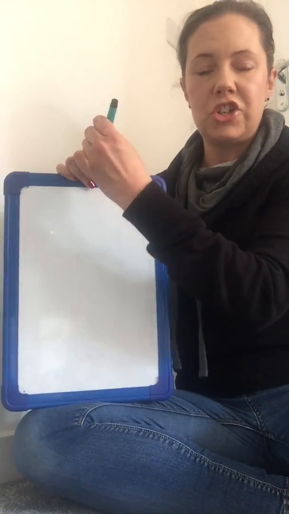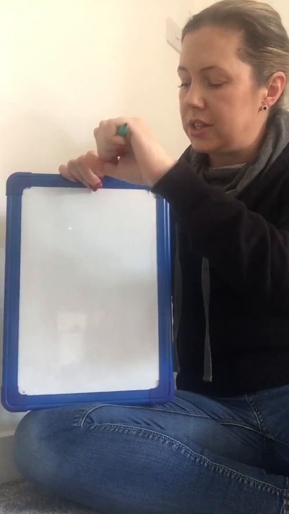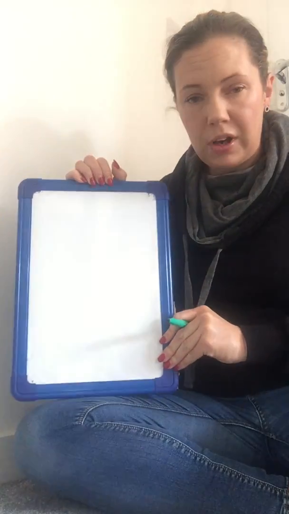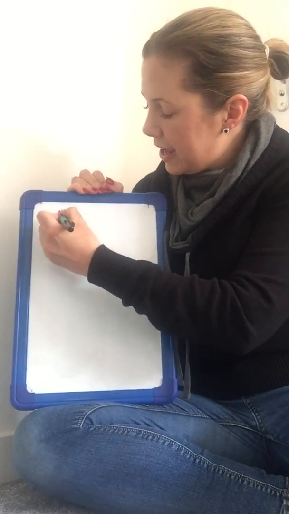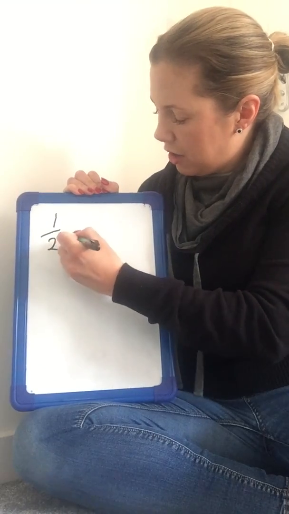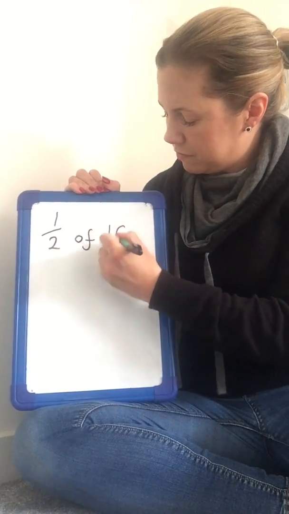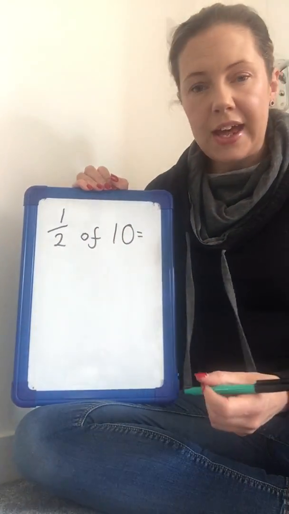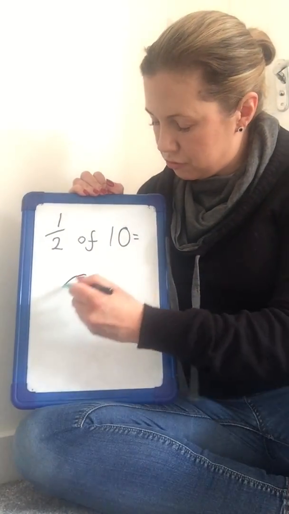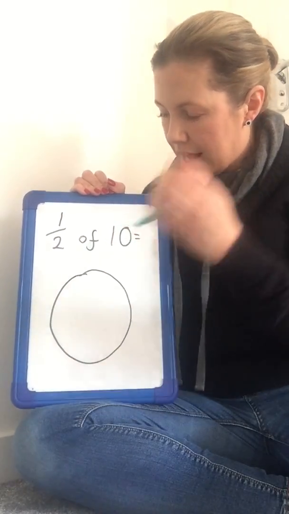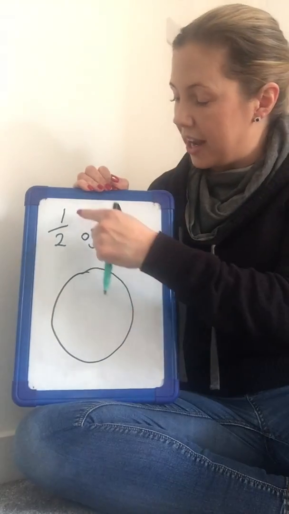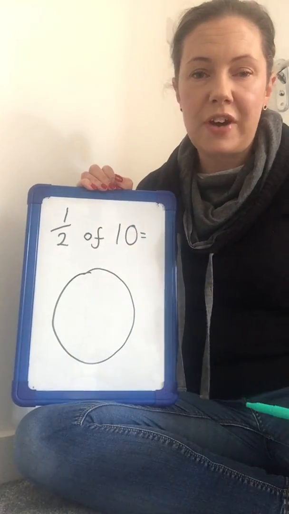these are the jottings that the children use when working on fractions, we call a fraction mat. So if the children were going to find half of 10, then what they would do is they would draw their mat, and then they would think about the language that they've learnt around these fractions.